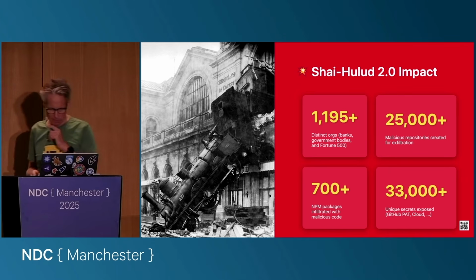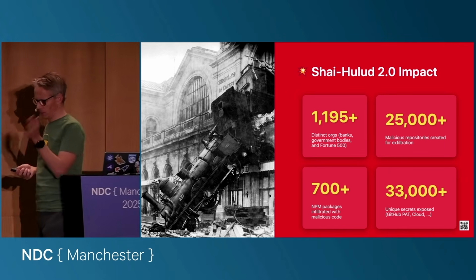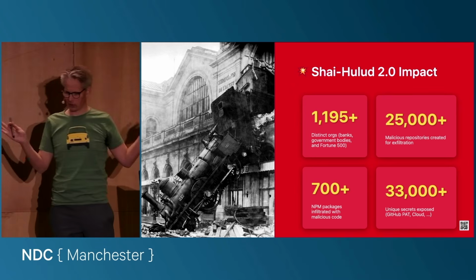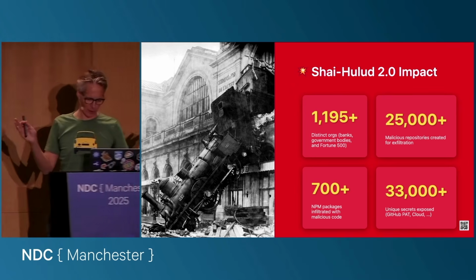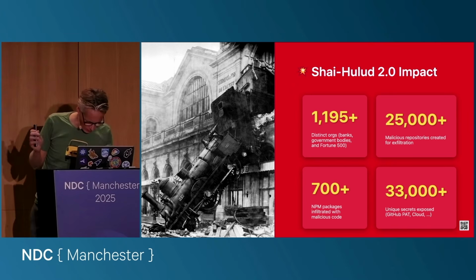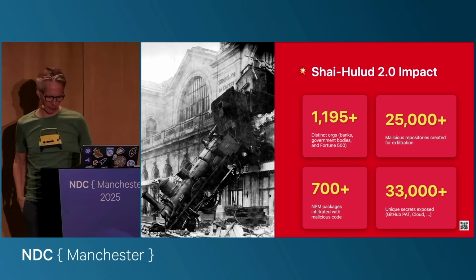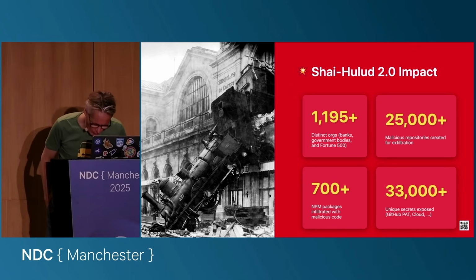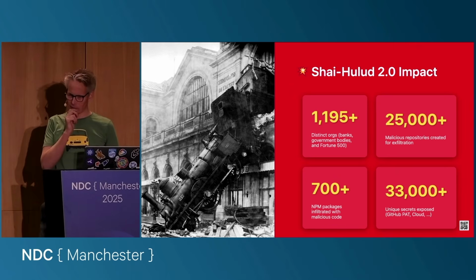Good. So the impact of this, and this is also what is on some of those security blogs. It's from last week, so maybe the numbers are even higher, or we don't even know. But at least it's clear that over 25,000 repositories were created to exfiltrate secrets from all kinds of places.